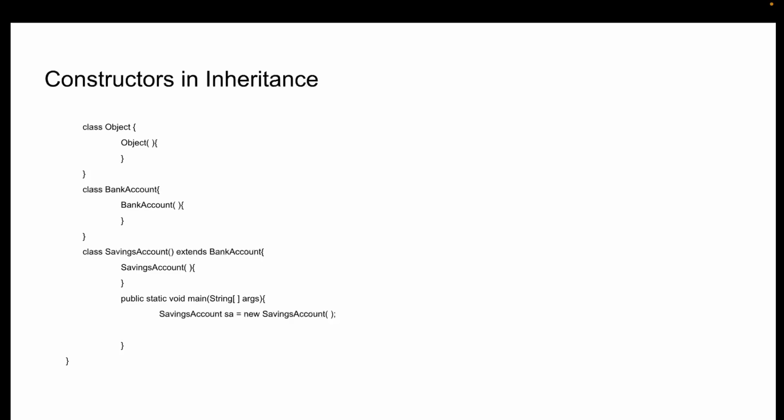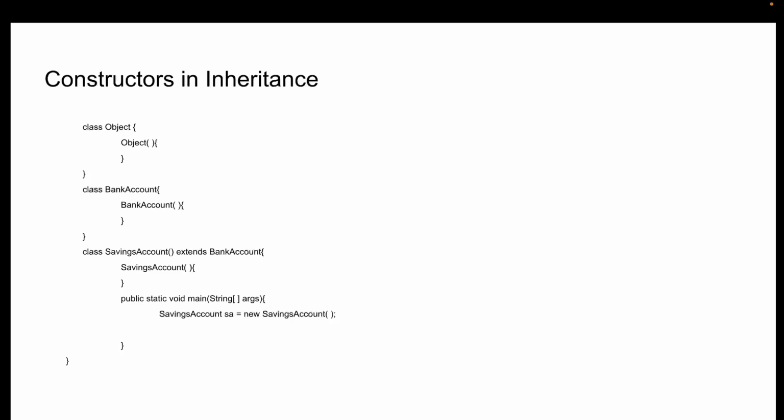When I say parent class, that is the super class you create. Suppose you created a class called bank account, so that is your super class. Then you created another class like savings bank account. So savings bank account extends your bank account class, and it is your child class.